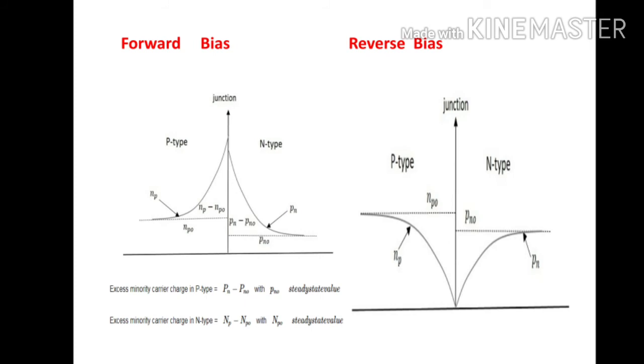So the following graph is clearly indicating that when we go from forward to reverse, there will be a lag. Since in forward bias near the depletion region the values are high, suddenly in reverse bias it has to go to 0. So from a high value to 0 value, it takes time to decrease for these minority carriers and majority carriers, which we see are high near the junction in forward bias, and in reverse bias it is becoming 0.